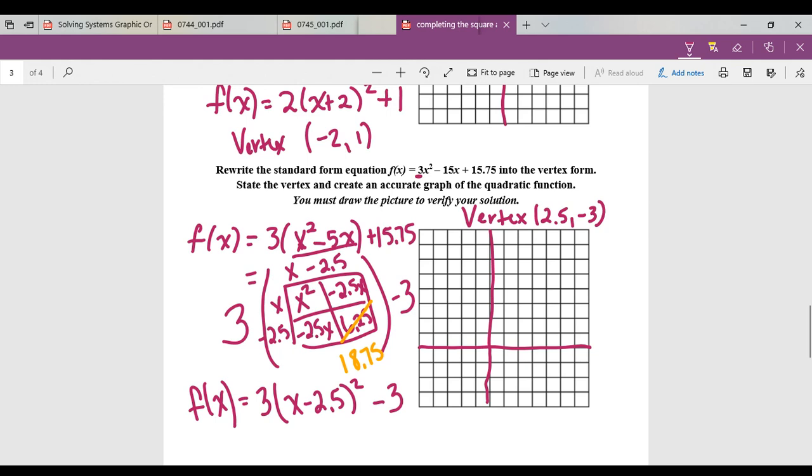2.5 negative, oh, I should have done 1, 2, 3. All right, so we have to start with our parent pattern. Over 1. If I say that enough, you'll remember it. And then what do I have to multiply these vertical changes by? The a value, the number in front of our x squared, is 3.